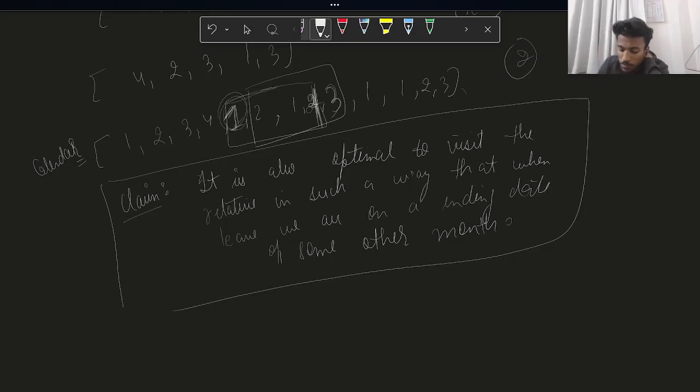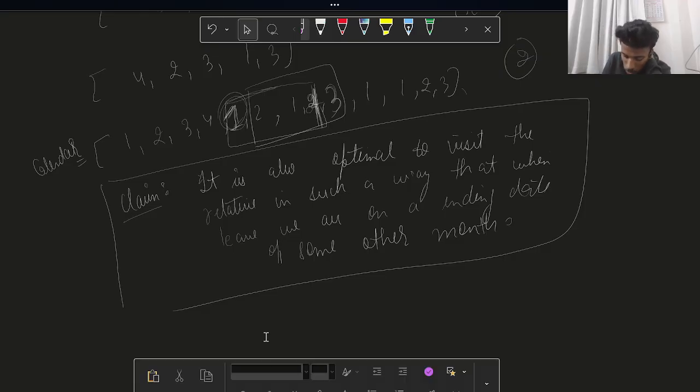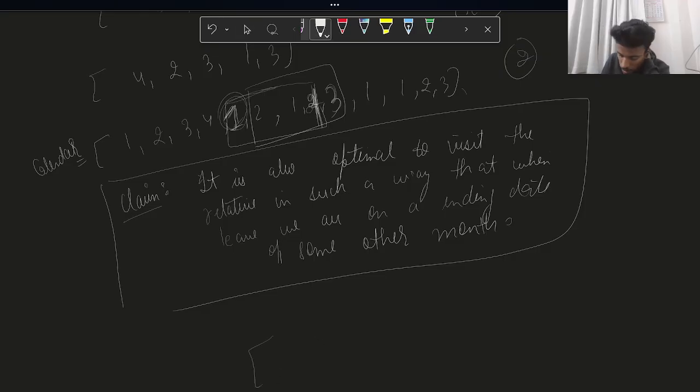It is always optimal. It won't ever happen that a case may arise. Suppose you think of 1, 2, 3, 4, it is this line. You may think that here I am getting 4, and I start visiting in such a way that I take this because I am getting 5 here.